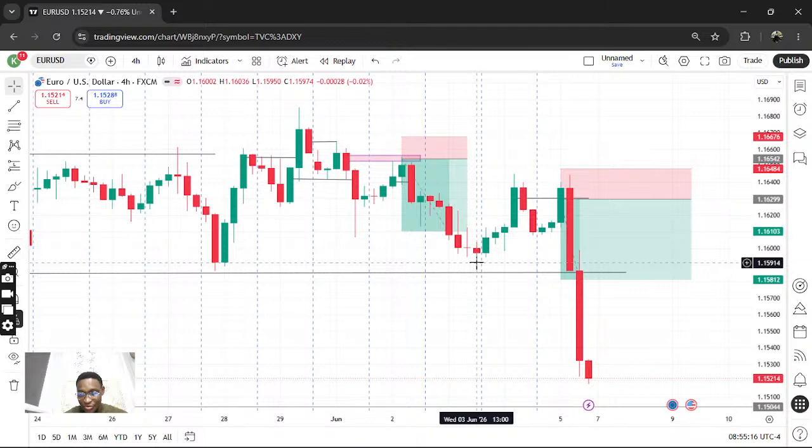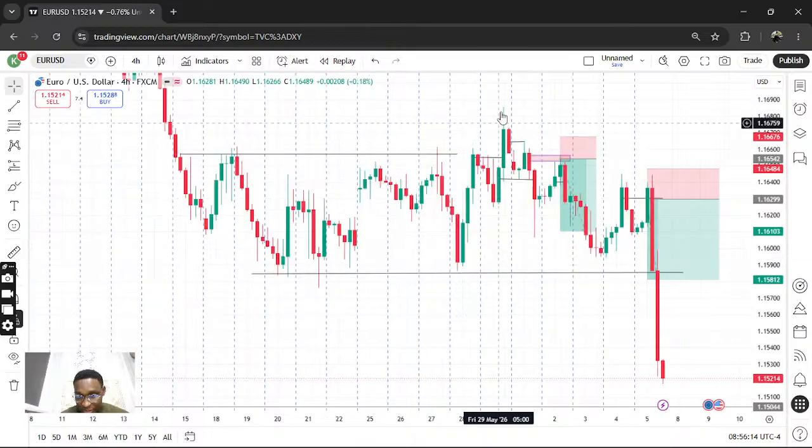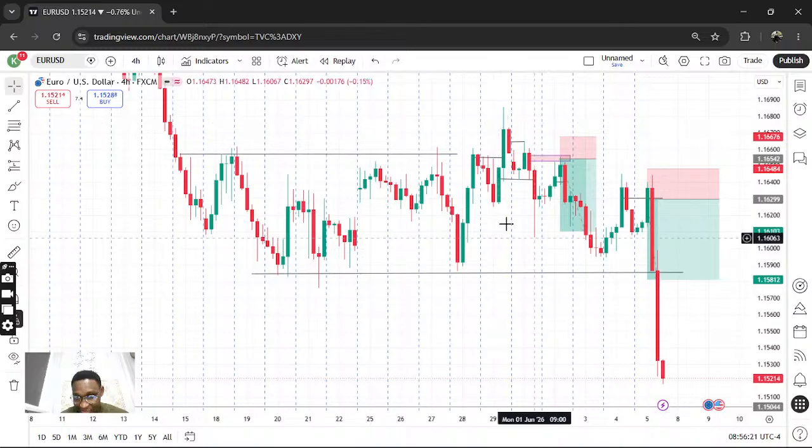Now, look at this particular bullish candle that broke this particular structure, that broke this range. Now, when the market traded back on Monday and took out this particular high that you can see here, this is a break of structure.